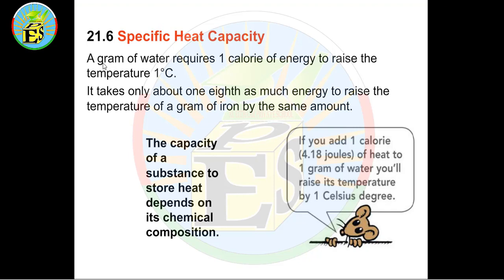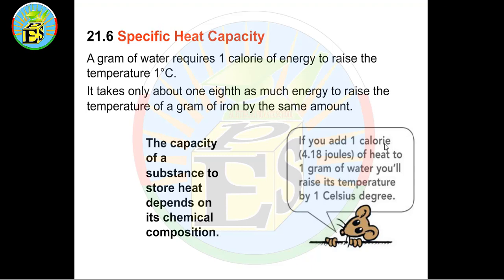Specific heat capacity also: a gram of water requires 1 calorie of energy to raise its temperature by 1 degree Celsius. It takes only about one eighth as much energy to raise the temperature of a gram of iron by the same amount. The capacity of a substance to store heat depends on its chemical composition.